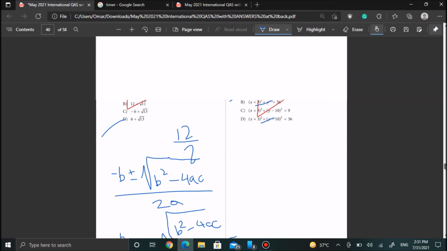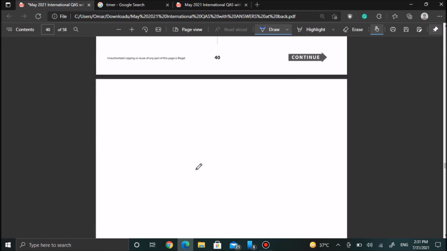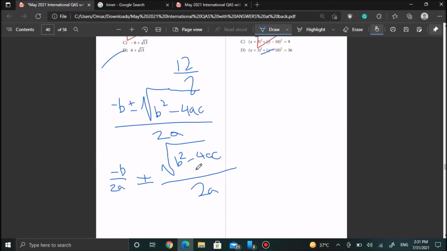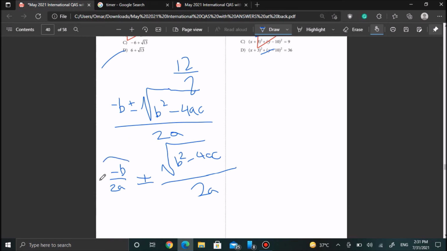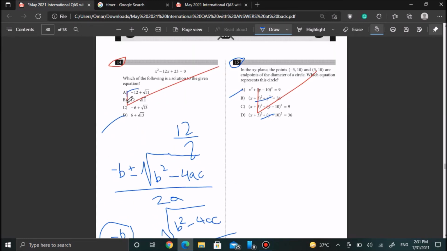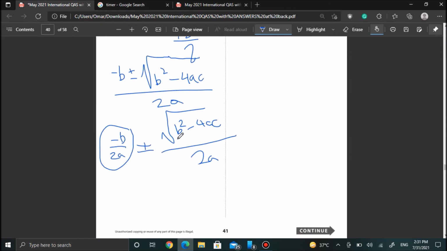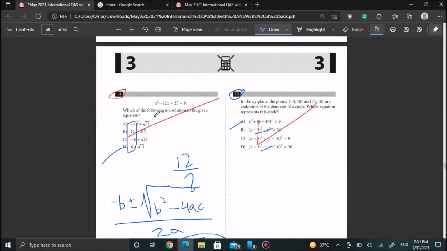Now what does this correspond to? Negative b over 2a here corresponds to the first terms here, right? And then this other big term corresponds to these radicals.